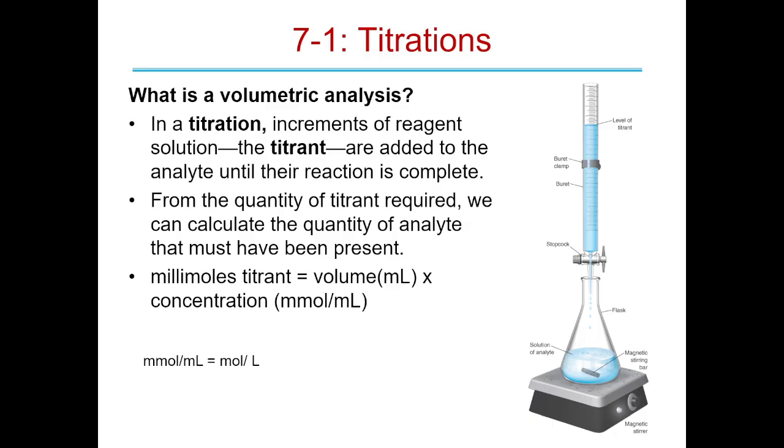By the way, millimoles per milliliter, you'll notice the millis in front of both. So they could cancel, and you'd be left with moles per liter. So that was molarity, wasn't it? Okay? And that's just an easier way to deal with when you're using milliliters and you have molarities, right? Then you can just do everything in millimole.